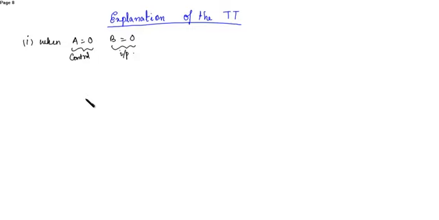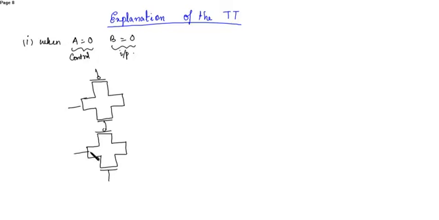So here this is transmission gate 1. This is transmission gate 2. This is B, and this is B bar.